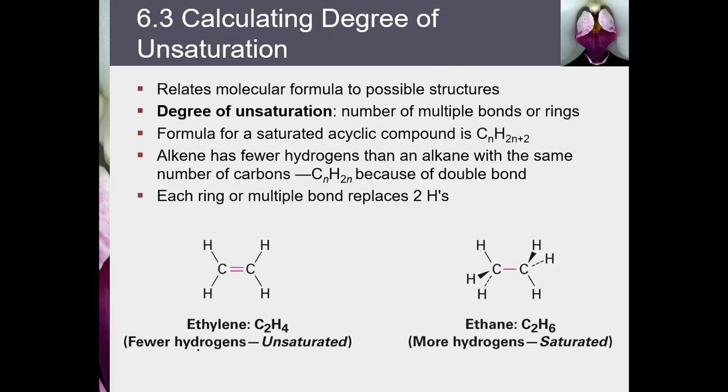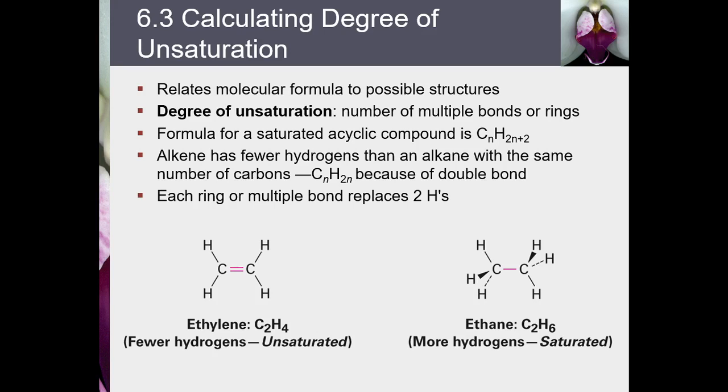Okay. Now here we have calculating the degrees of unsaturation. So bakit mahalaga itong degrees of unsaturation? So if we start from the basic idea na alkenes have fewer hydrogens than an alkane. As you can see here, diretso muna tayo sa pictures, this one is two carbons.